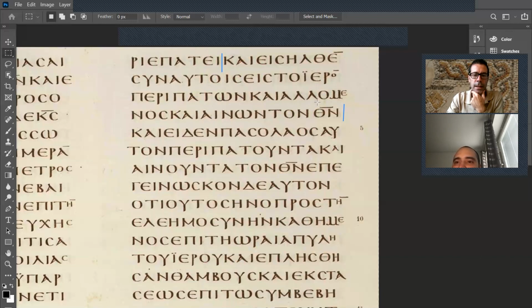And leaping, nominative masculine singular participle. And praising, nominative masculine singular, God, accusative masculine singular. If I make a mistake, please feel free to correct me.